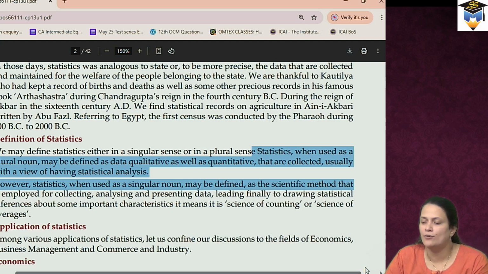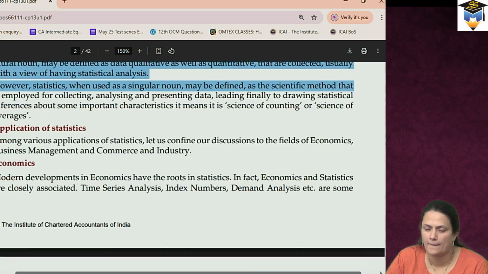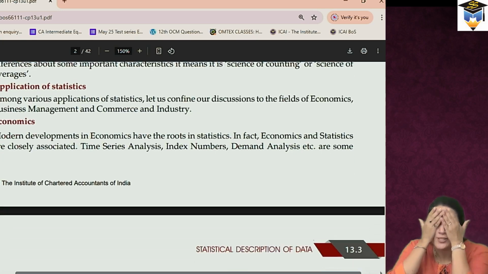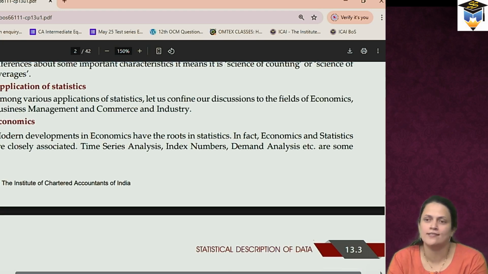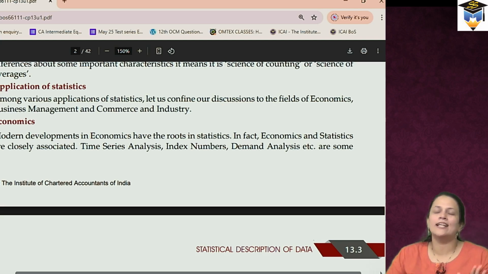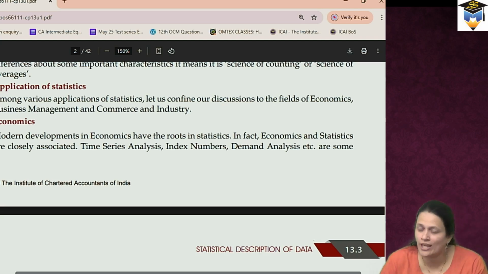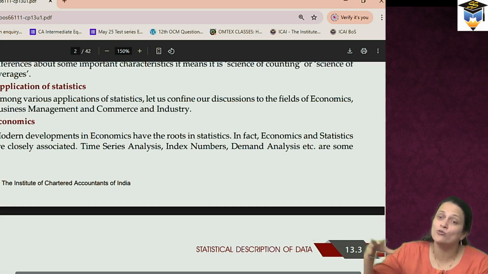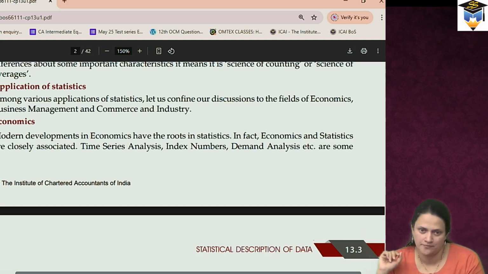Okay, now after this point, the different applications of statistics. Do you know what the different applications of statistics are? Can you give me any example? Any example that you can think of? Suppose, let us take an example of shares. Let us say that there are total 5 shares, and you have to study the future trend of a particular share.